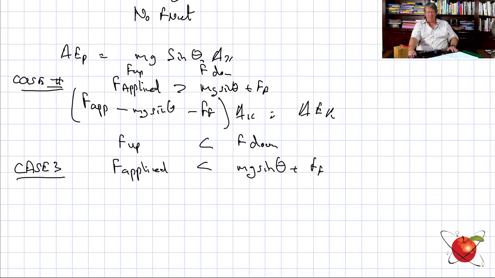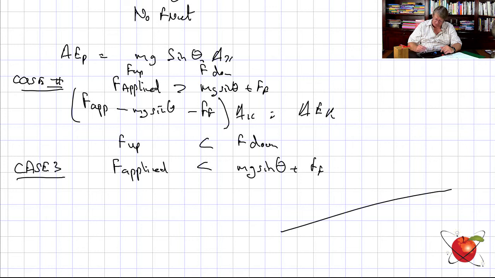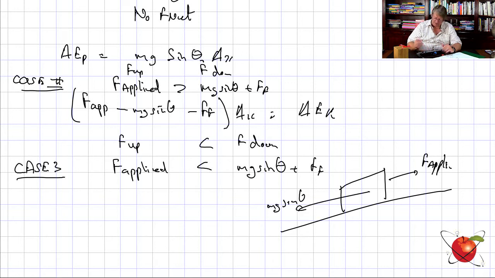It means that the block might be going down. You would have to check, because remember, if the block is going to go down the slope, there's my F applied, here's my mg sine theta, correct? What is this here?